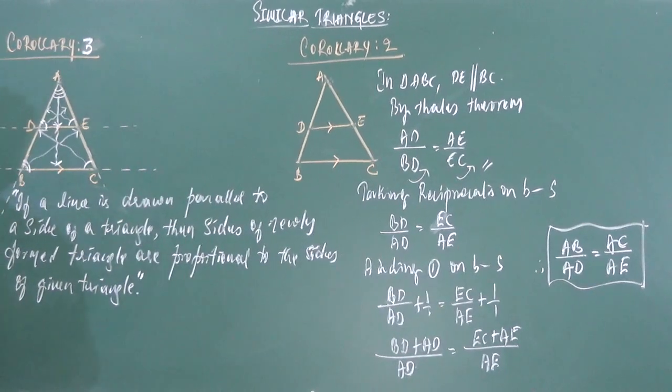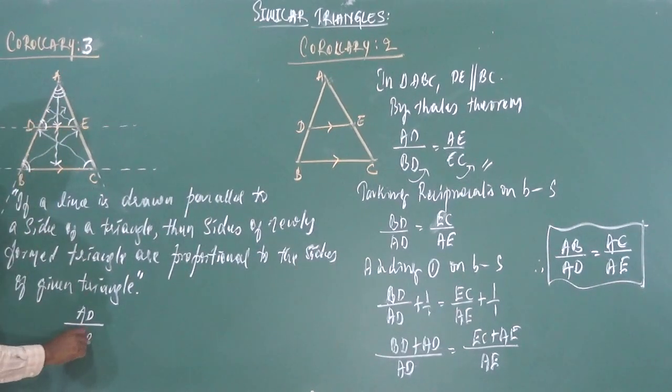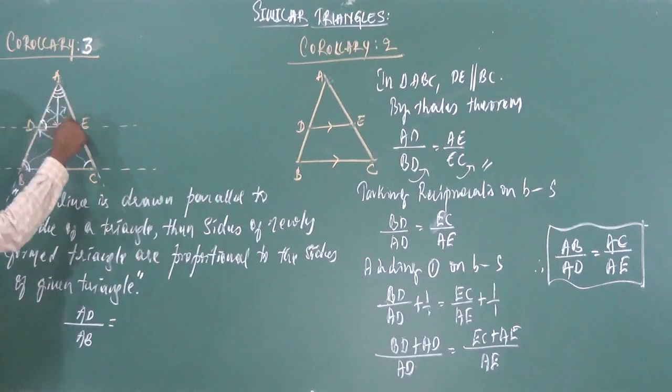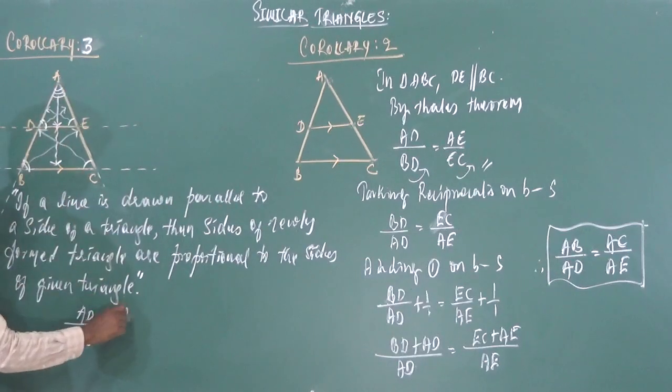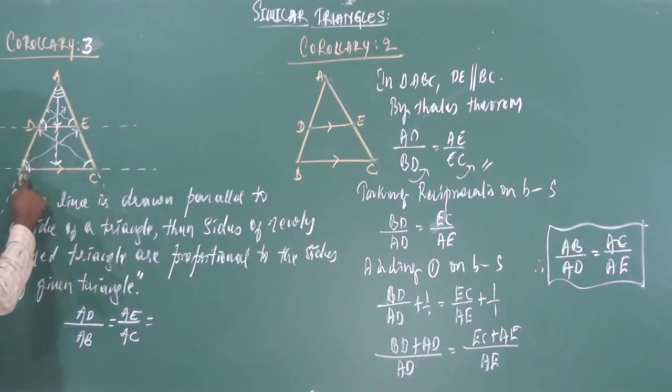So mathematically we will write this. AD by AB is equal to AE by AC, and AE by AC is equal to DE by BC.